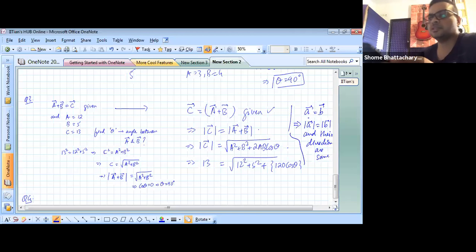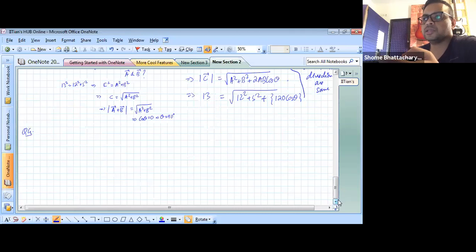Now, when are two vectors equal? When their magnitudes are equal and their directions are also the same. It's not given in the question, but we have to infer that. If the left hand side is equal to the right hand side as vector quantities, then definitely their mods will also be equal. Understood now?